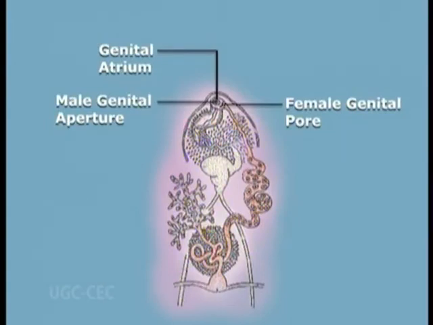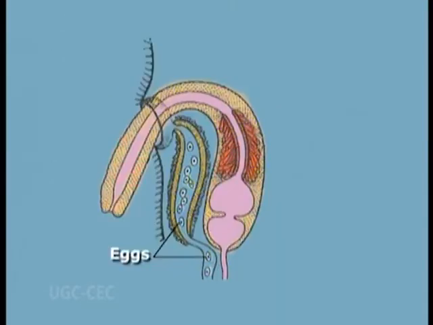You can observe in the enlarged figure that in the genital atrium both the male and female genital apertures open side by side. It contains a large number of capsules which have fertilized eggs.